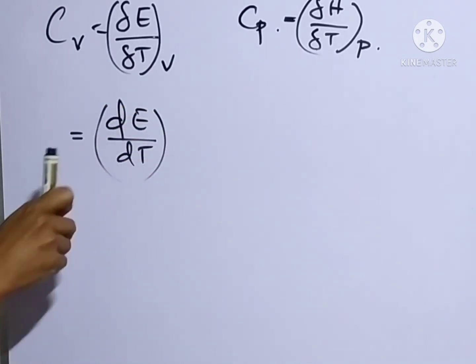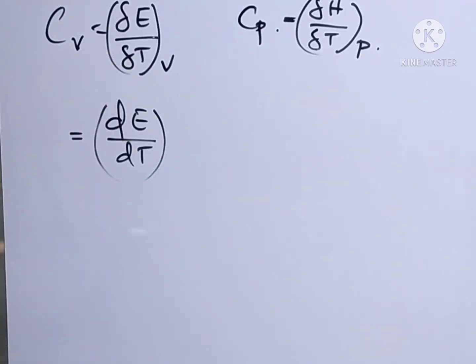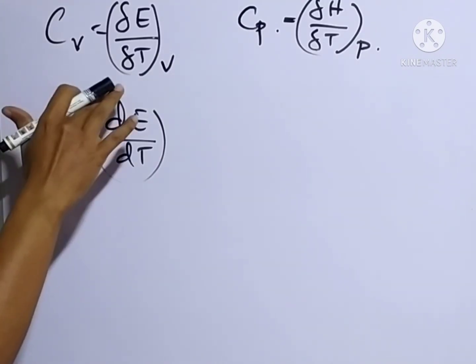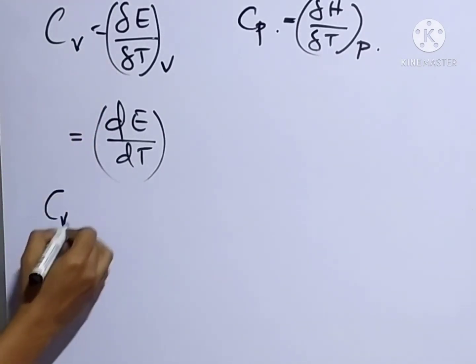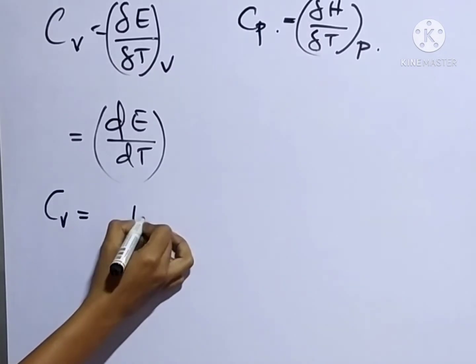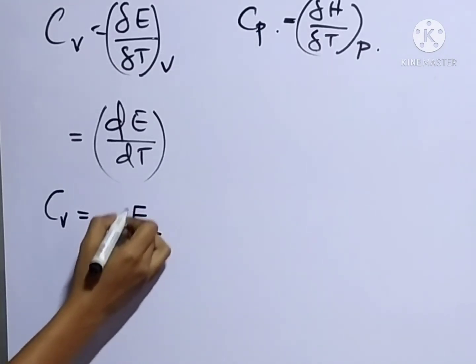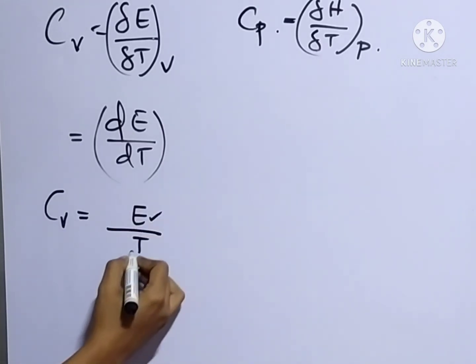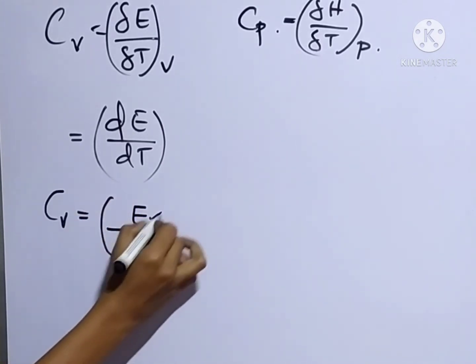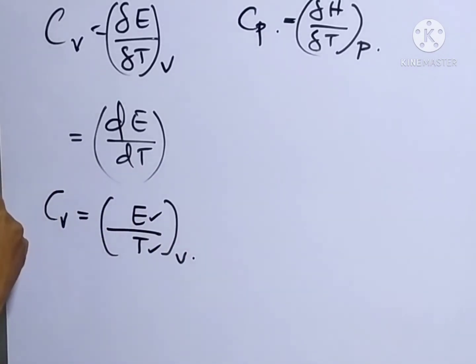But instead of d, we are using del here, because we are differentiating the equation with respect to some variable while fixing other variables as constant. That is, here we are doing partial differentiation. For Cv, it means we are differentiating the value of E with respect to T at constant V.